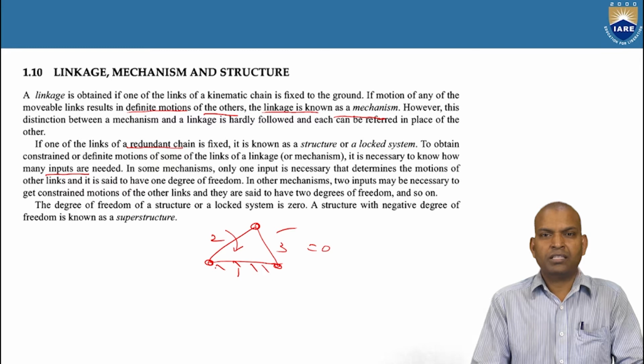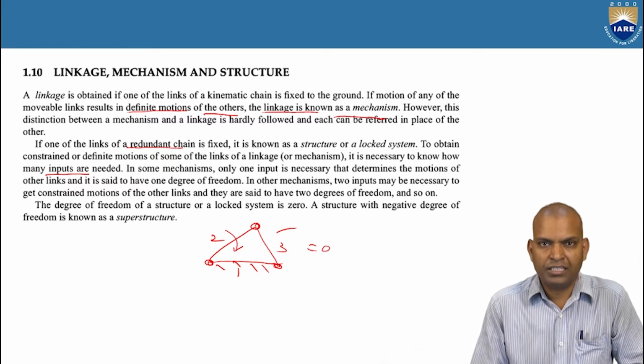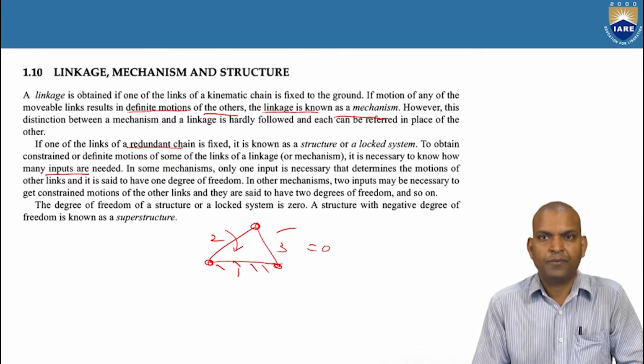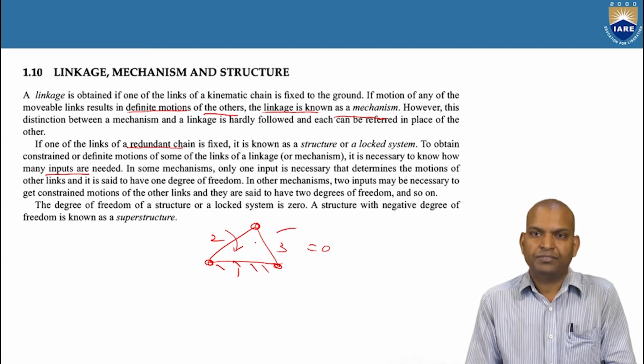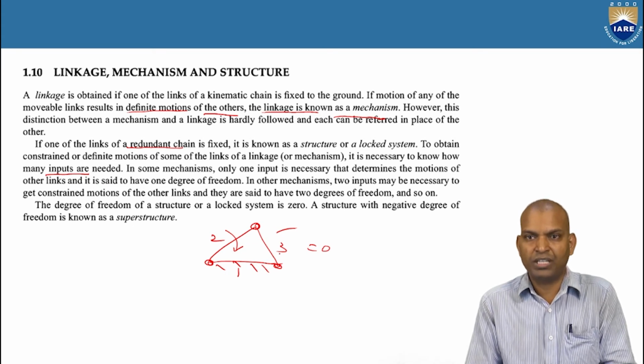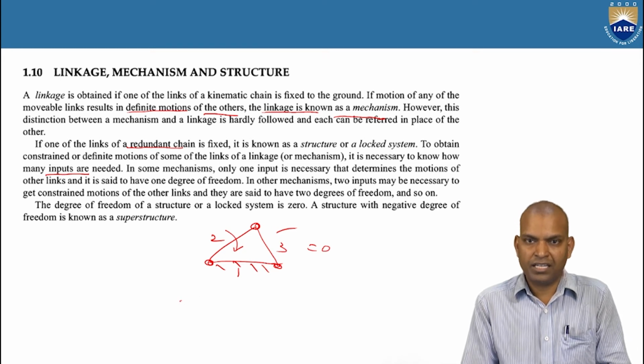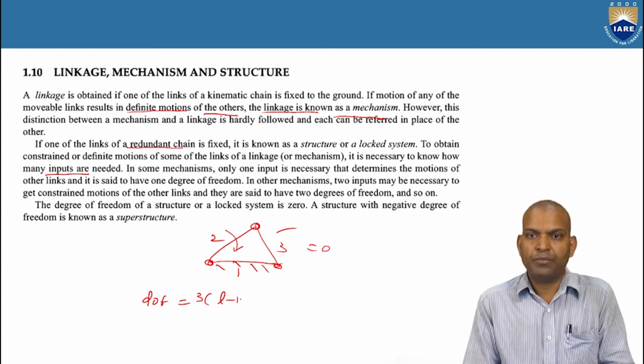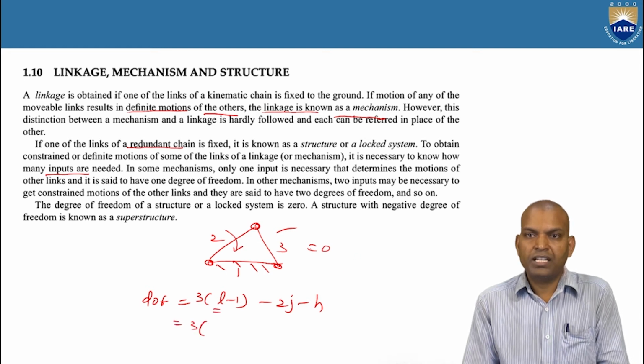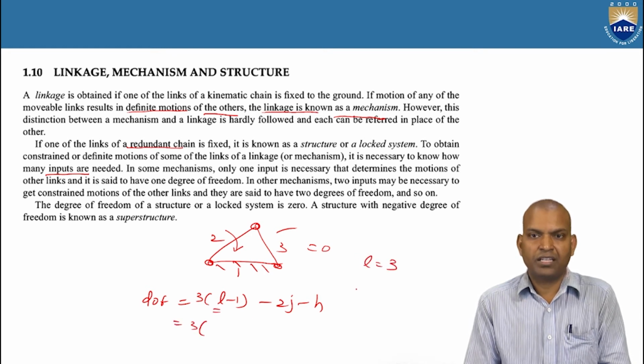We will see in the coming slides how to calculate the degrees of freedom of various mechanisms. We can validate this locked system, whose degree of freedom is 0, by observing it physically. But if you want to validate it through a formula, that is Grubler's criterion: the degrees of freedom equals 3 into (L minus 1) minus 2J minus H. L indicates the number of links, which here is 3.